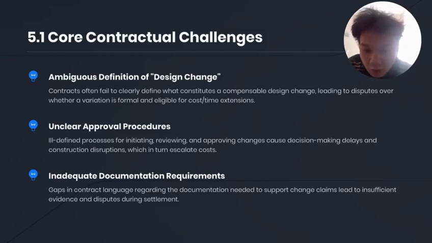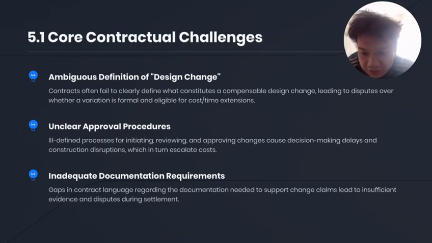additional time or cost. The second challenge is unclear change procedures. If the contract does not clearly define how to interpret, review, and approve changes, decision making slows down. This delay often disrupts site activities, leads to delays and cost overruns due to downtime and rework.